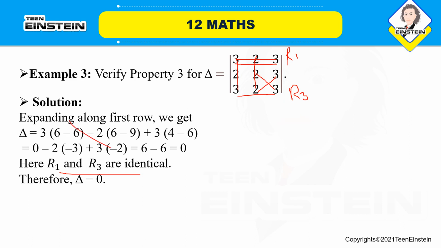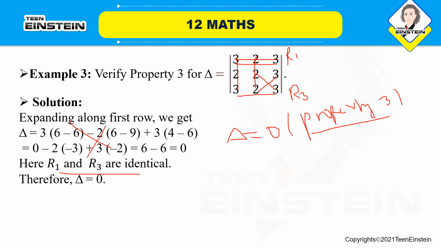So without doing all these things, we can directly write delta equal to 0 by property 3. So when you are solving problems, you can write directly that delta equal to 0 if you see any two rows or any two columns, that is the elements of any two rows or the elements of any two columns are the same, then the value of delta is 0 by property 3.